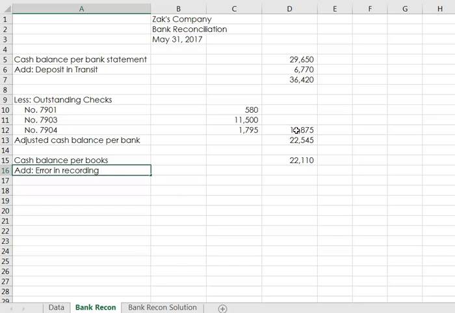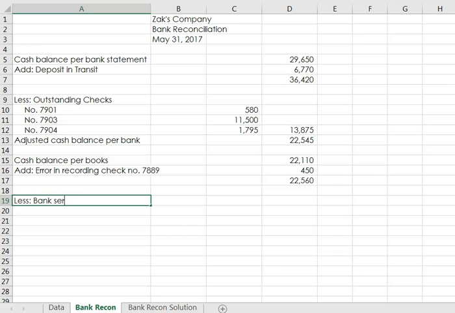The check was written for $50 but recorded for $500, so the cash balance on the books is short $450. I add the $450 to correct the error. Next, there is a bank service charge of $15, which is deducted from the book balance.